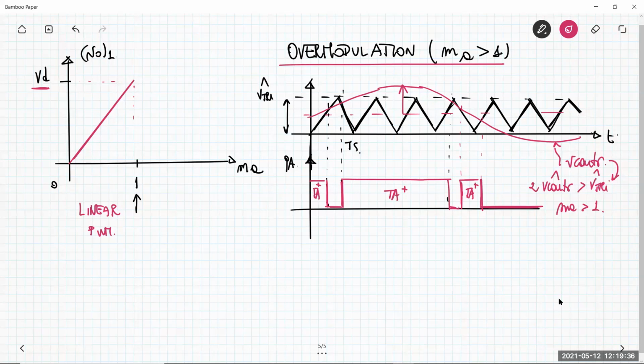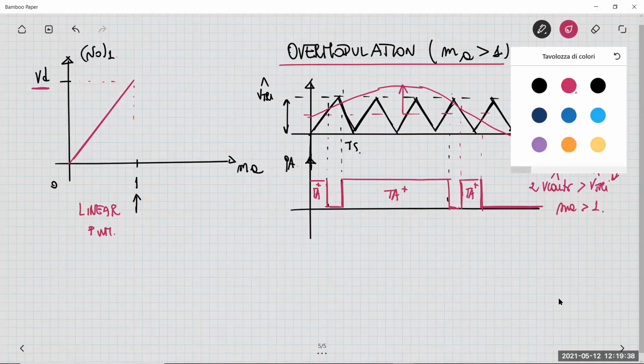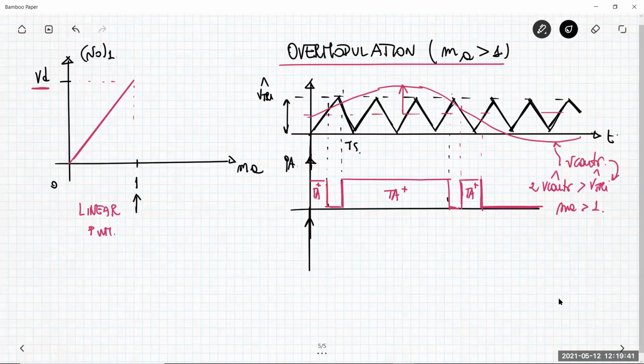What happens to QB? For QB, you have 2 different behaviors depending on whether you are considering the unipolar or bipolar pulse width modulator. If you are considering the unipolar one, then the control voltage for the leg B is derived from the control voltage of the leg A: the triangular peak value minus the control voltage.